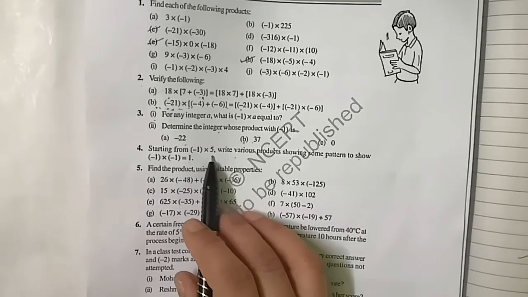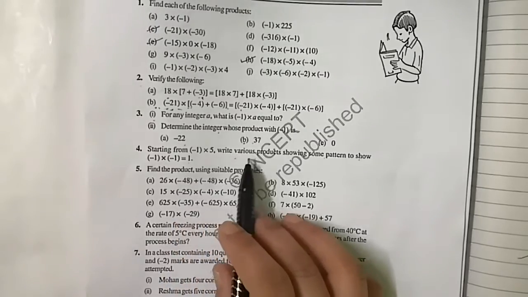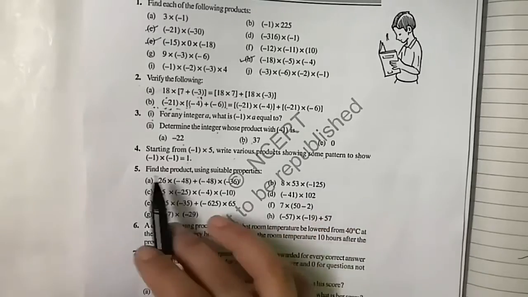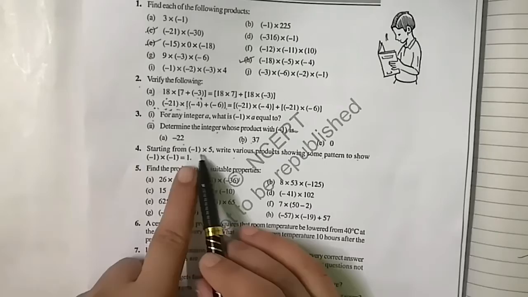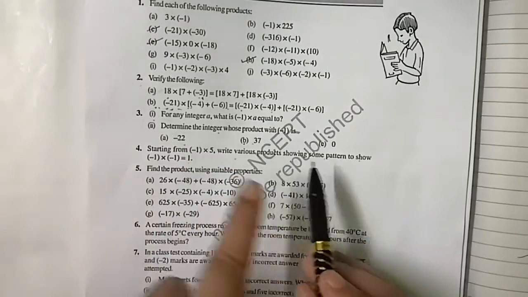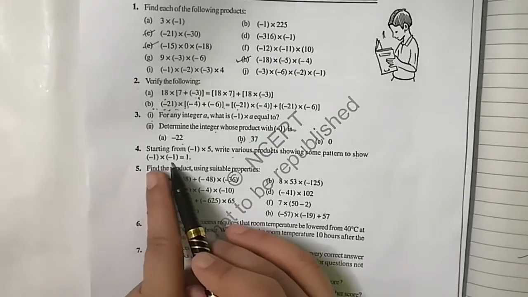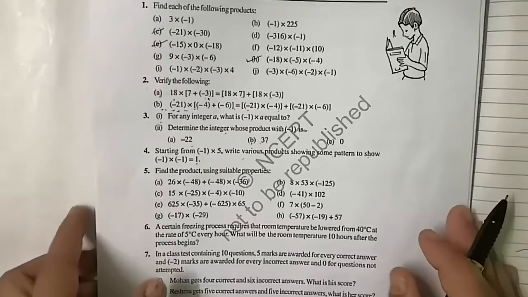You have to start from minus 1 into 5 and write various products of this type, and in the last you have to show minus 1 into minus 1 is equal to 1. Let's see how we will do it.